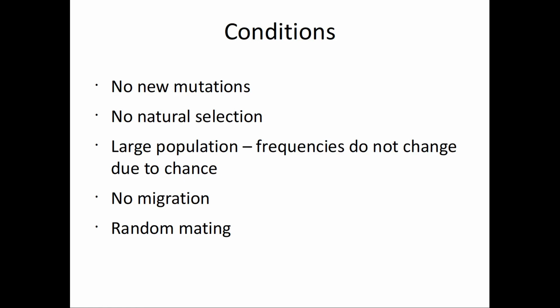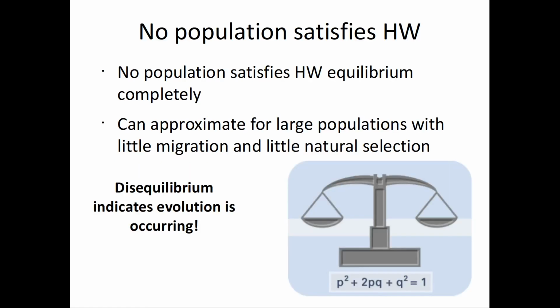Now, these conditions are almost never met, or I don't think they ever are met. No population satisfies Hardy-Weinberg equilibrium conditions. The idea, though, is that it gives us a good basis to compare other populations and to determine if a given population is actually undergoing evolution.